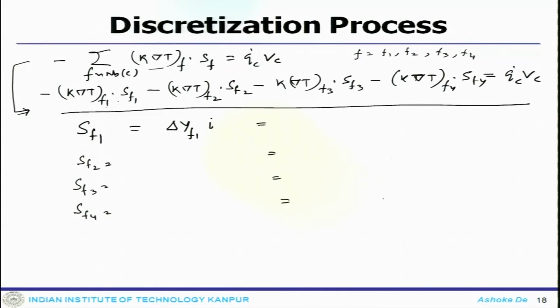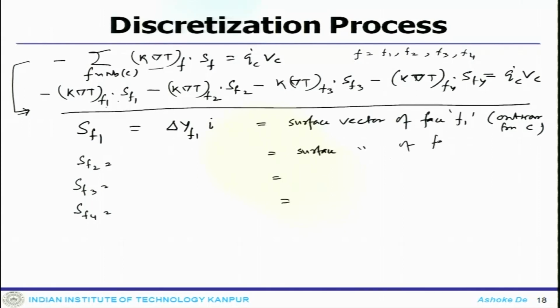So this is the surface vector of face f1, and that goes outward from element C. Similarly, this is the surface vector of face f2, this is the surface vector of face f3, this is the surface vector of face f4.